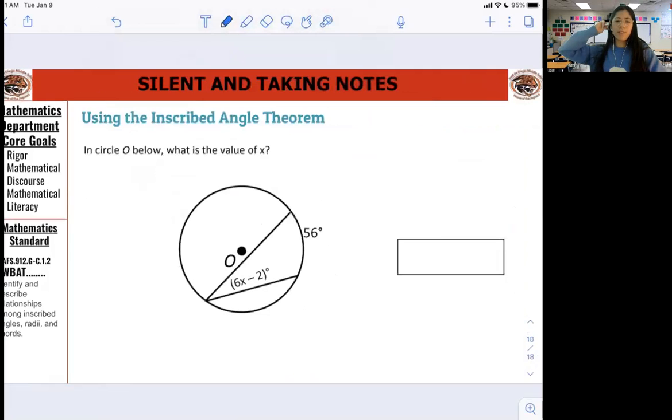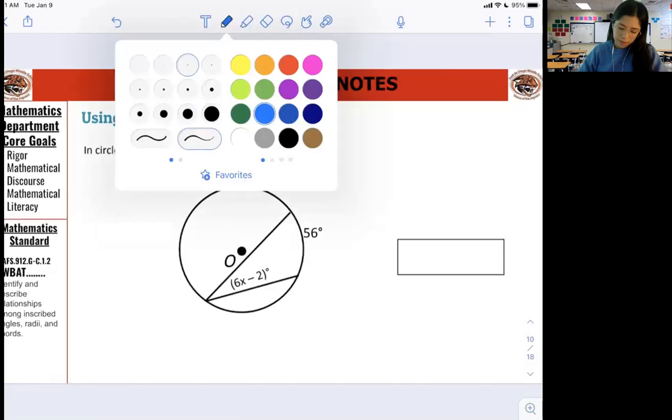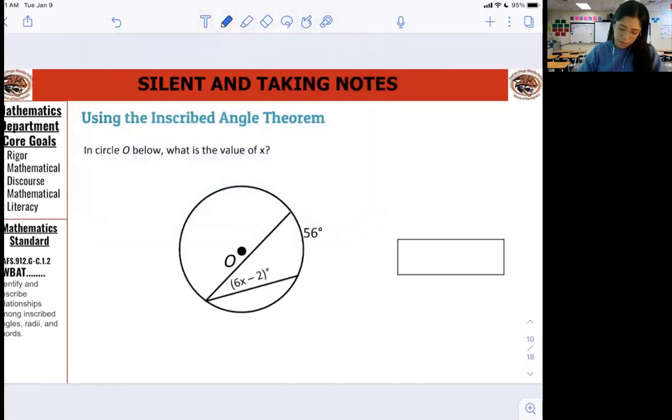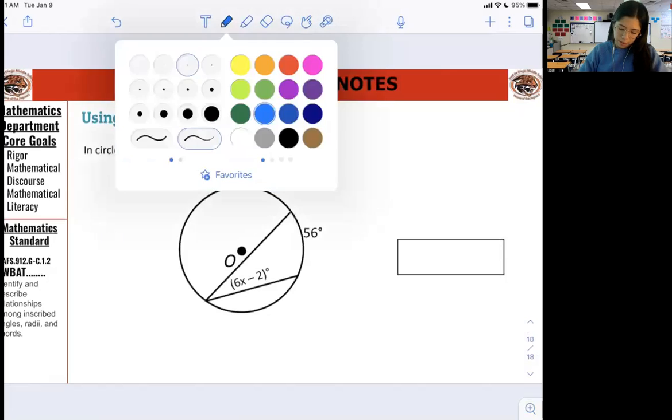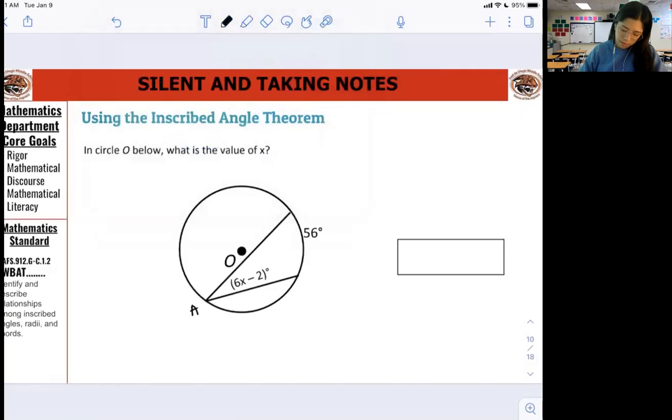Okay, let's make it a little bit more interesting now. This is a little bit more challenging. So we're looking for the value of x. What do we know about the relationship between angle, let's call this, okay.